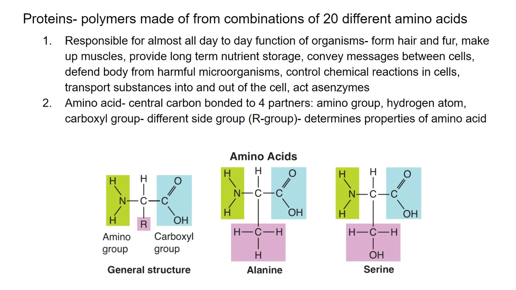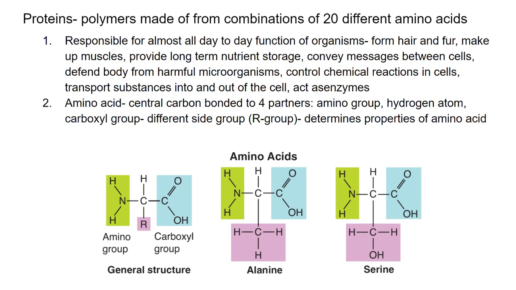But if you take a look down here, all amino acids are pretty much the same. They all have an amino group. That's that green part right there. They all have a carboxyl group, and they all have a central carbon and a hydrogen sticking out. Now, I'm not going to ask you to recreate these things, but the important thing to remember is they all have this part here. We call it the R group, and that's where every amino acid is different.